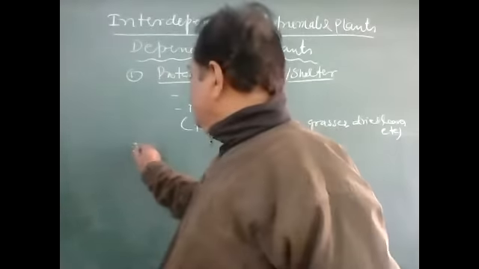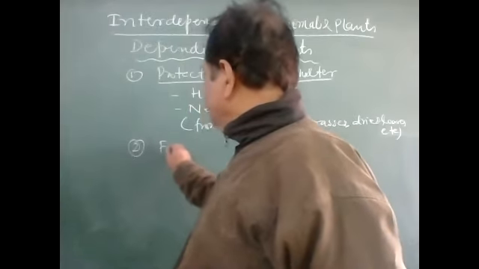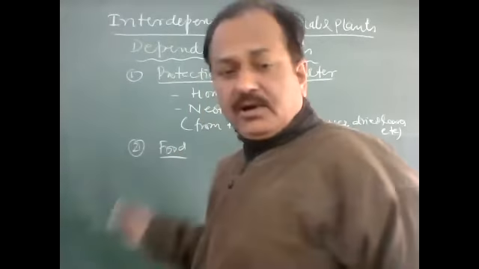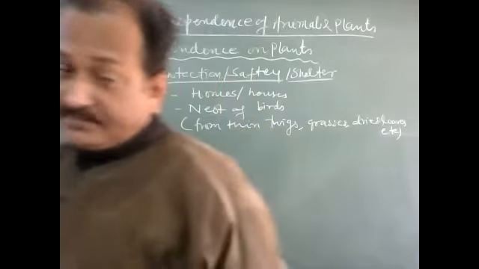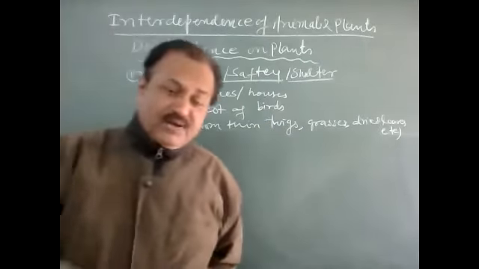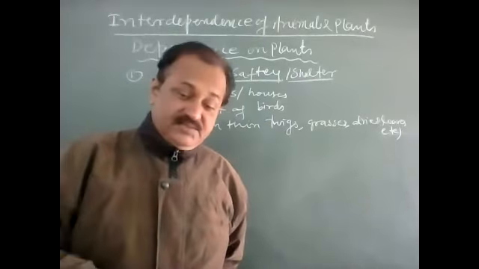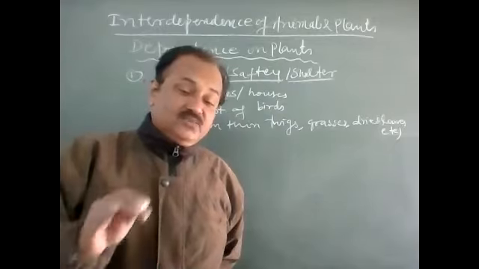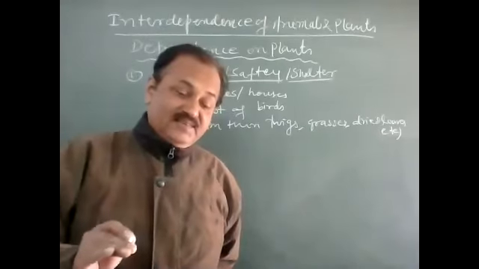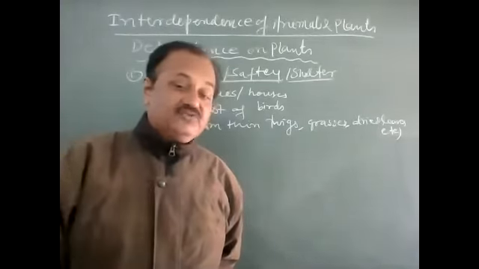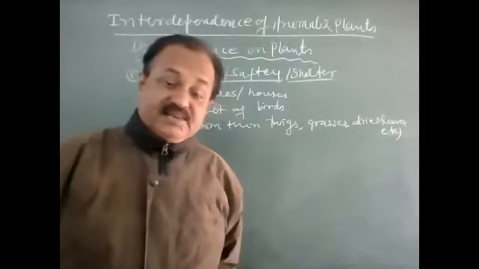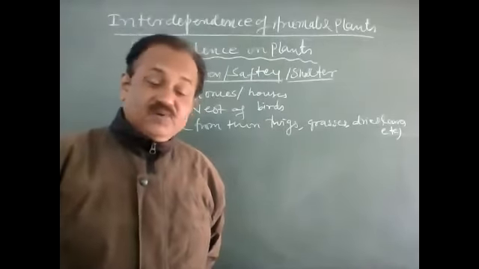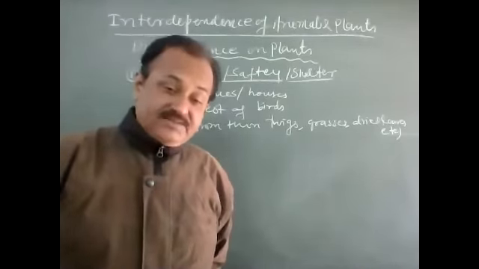Now, second is food. All of you know food is basically obtained from plants. Those who are non-vegetarian is another point, but no one eats only non-veg. There must be balanced food. So basically, we eat rice, we eat chapati. All are from the plants.